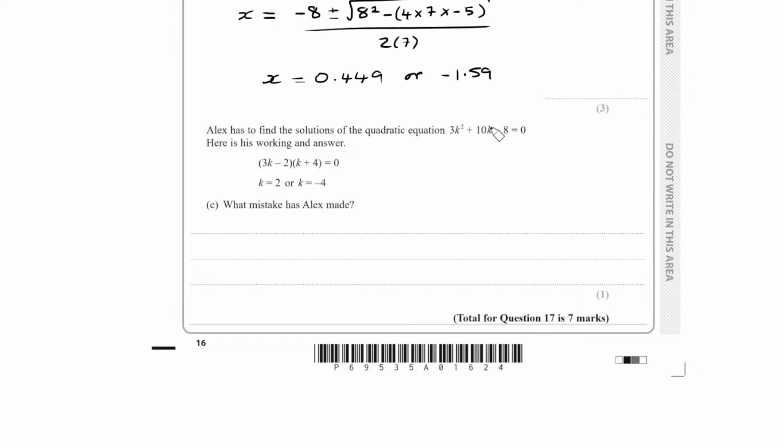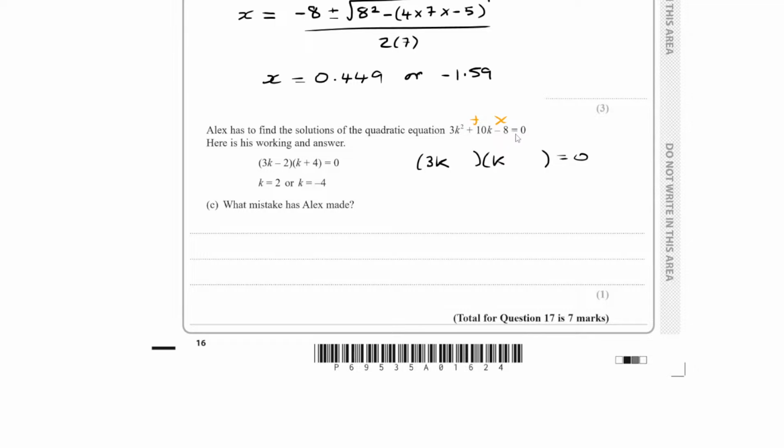That's what he's done here, so I'm going to also do that. That'd be 3k. We are multiplying to make minus 8, that means I need a plus and a minus, and we're adding to make 10. Obviously one of them would be multiplied by 3. I normally just use trial and error because the number 3 isn't that big, but you could also use splitting the middle term if you like.